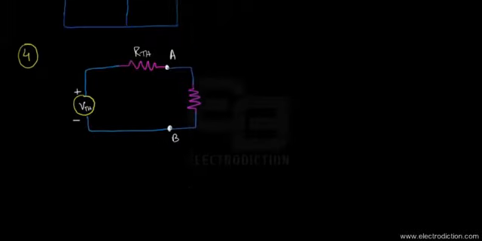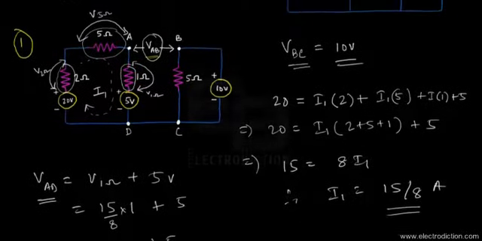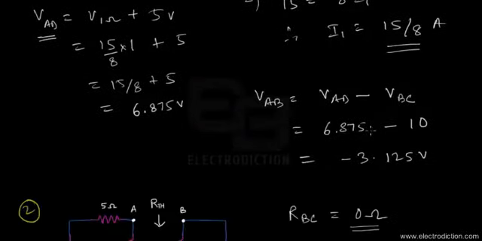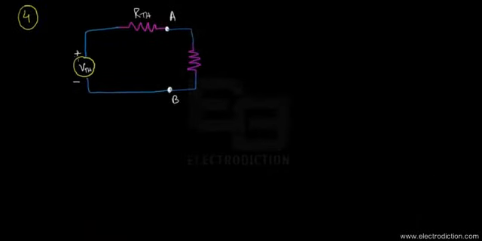Here we have the Thevenin's voltage, let's call it VTH, and here's the Thevenin's resistance, RTH. The value of the Thevenin voltage was found in step number 1, which you can see right over here. That's 3.125 volts. So we can go forward and put that here with ease.